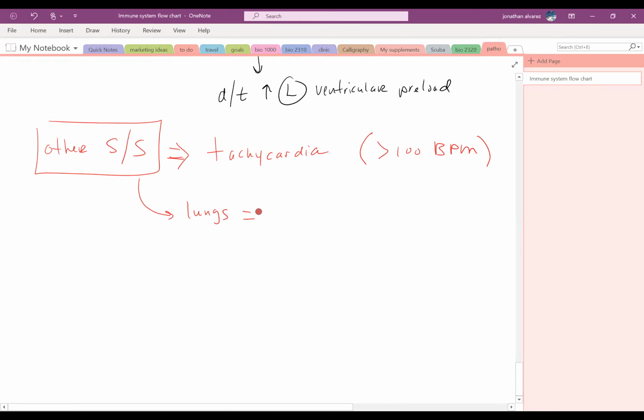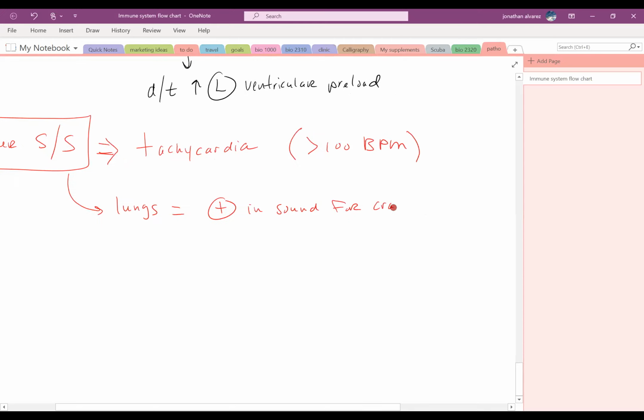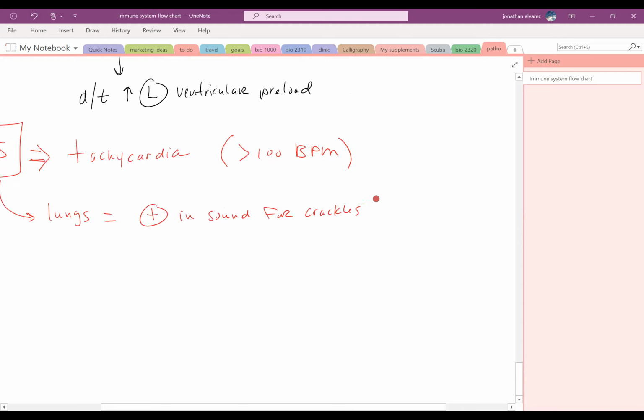In the lungs, because of that pleural effusion and edema, you're going to have an increase in sound for crackles. And that's because of the edema.